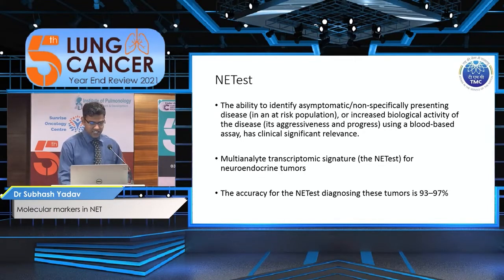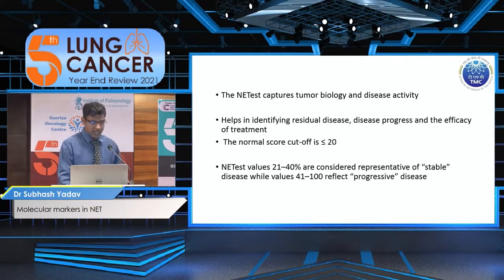So basically it's a transcriptomic signature for neuroendocrine tumors and has good accuracy. It will capture the tumor biology, what mutations it has, and the disease activity as per its genomic content. A score of less than 20 indicates there is no disease, whereas 21 to 40 in a patient who has disease indicates stable disease.